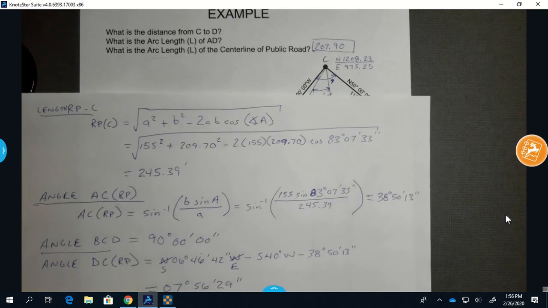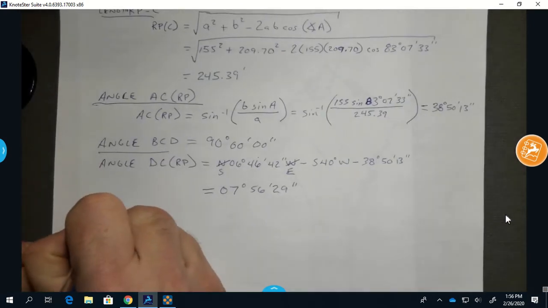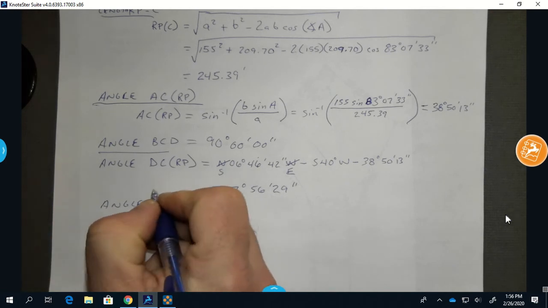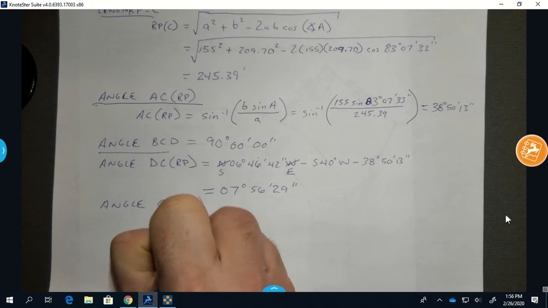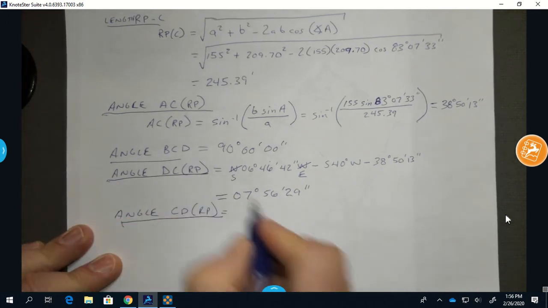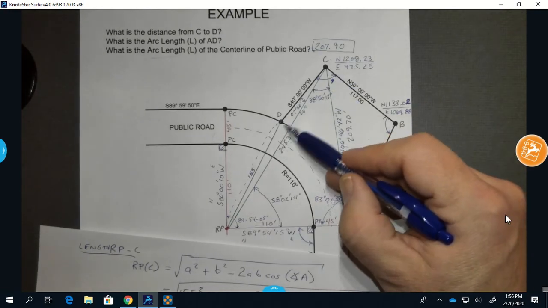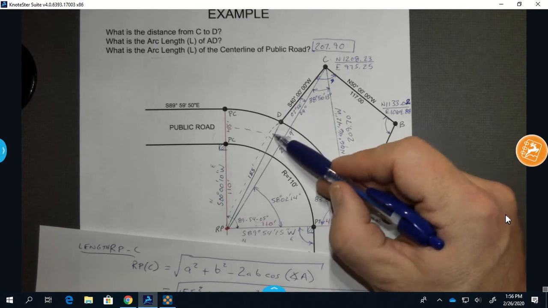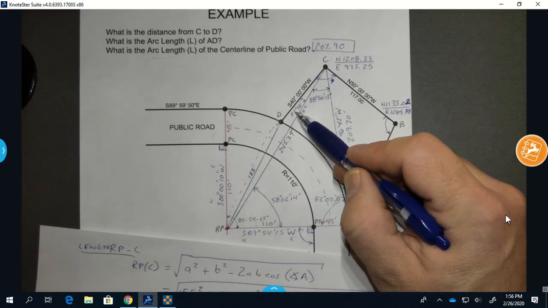All right, another angle yet to solve. We're going to go with angle CDRP. Okay, angle CDRP. So this big angle right here is what we're looking for. All right, we have a distance and an angle.